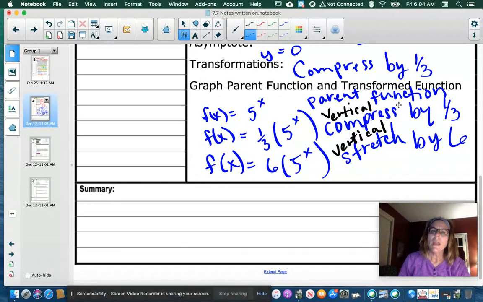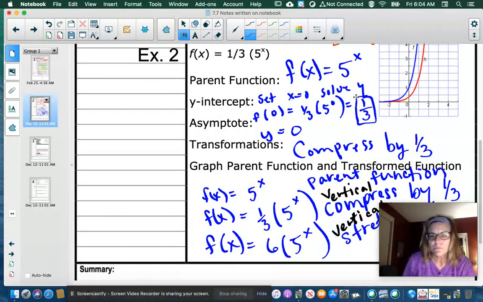It's truly a vertical compress. I should have added that word, a vertical compress by 1/3 and a vertical stretch by 6. So up here, I should have said this was a vertical compress.